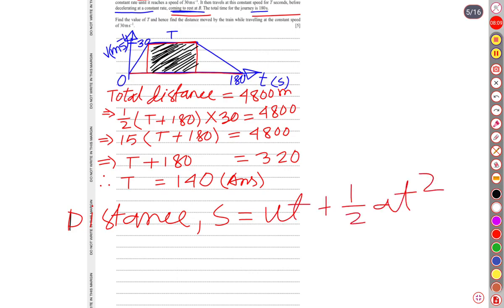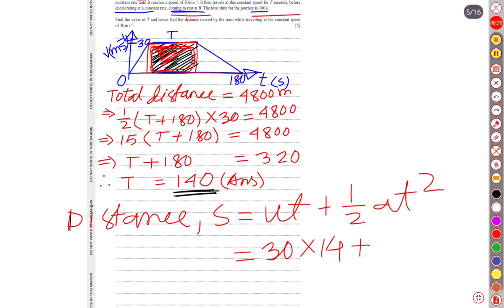Now our u, initial velocity, look at this. For this portion, initial velocity was what? Surely 30. So 30, and time. How long was the time? We have already obtained that the time is 140 seconds. So into 140.